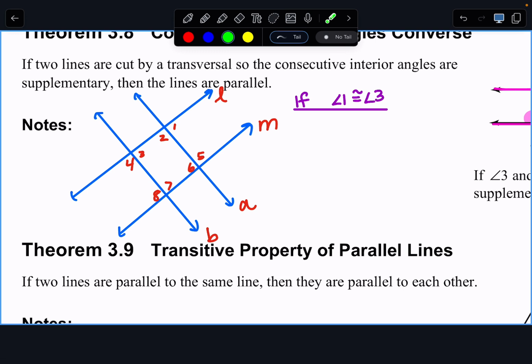Not congruent. Parallel. Okay, so here would be line A, line B, transversal, right? So if this is our transversal, what kind of angles are 1 and 3? Corresponding. Since we have corresponding angles that are congruent, we can say that A is parallel to B because of our corresponding angles. I don't have a lot of room, so I'm going to write "corr. angles." And you know that that means corresponding? Are you okay with that?